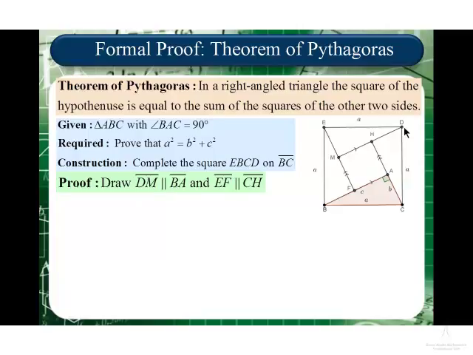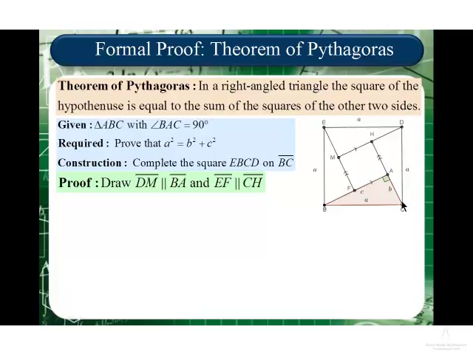So we start at the vertex of the square that we have constructed, and we construct DM parallel to the side of the right triangle ABC, namely AB, and similarly we construct EF from the vertex of the square E to F, this EF parallel to the third side of the right triangle, and we create in such a way this line segment HC as indicated, and we have MD or DM parallel to AB, and we have EF obviously now parallel to HC.